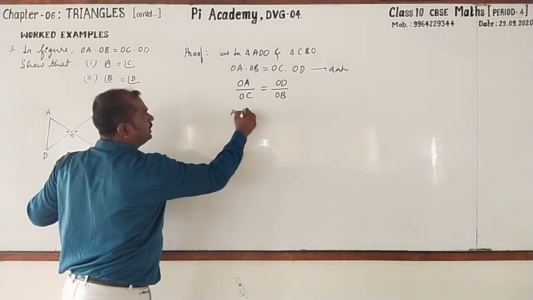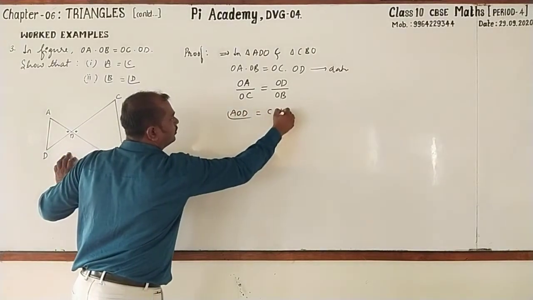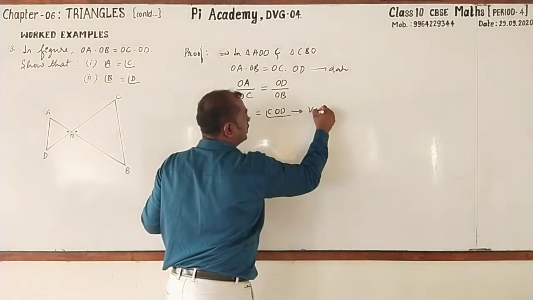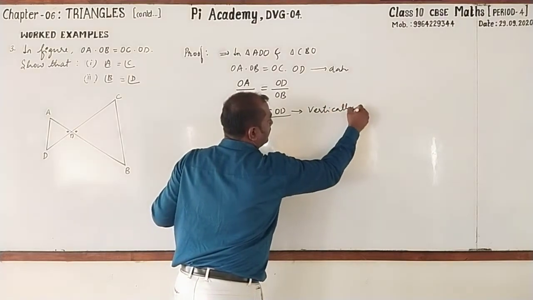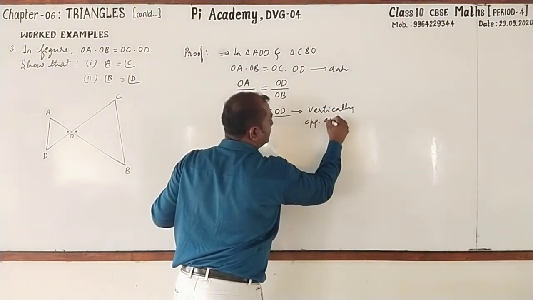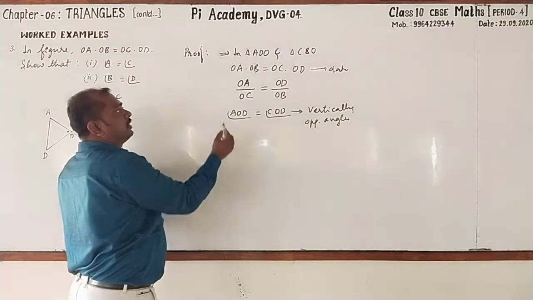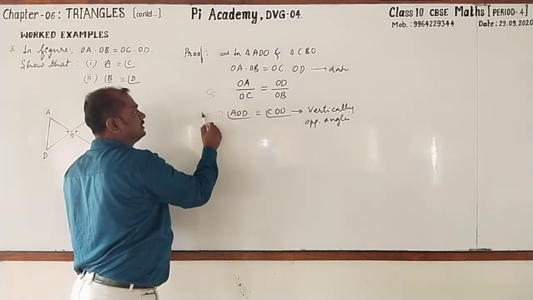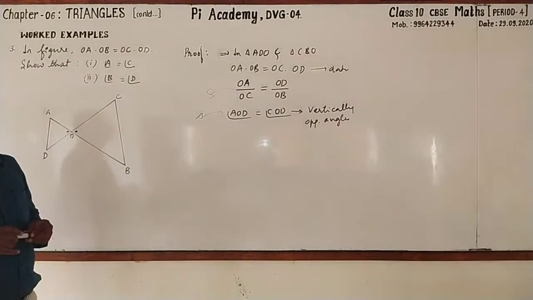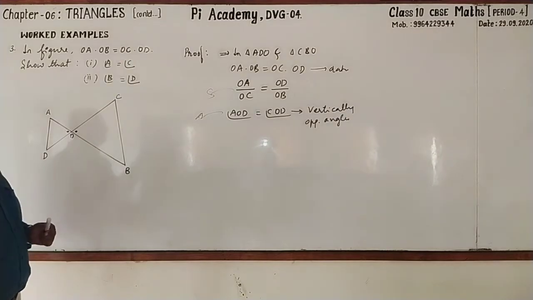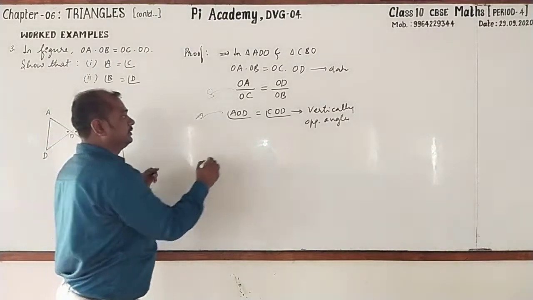Angle AOD is equal to angle COB. These are vertically opposite angles.